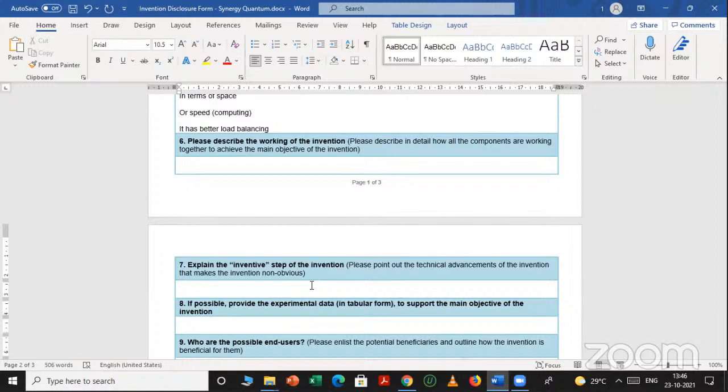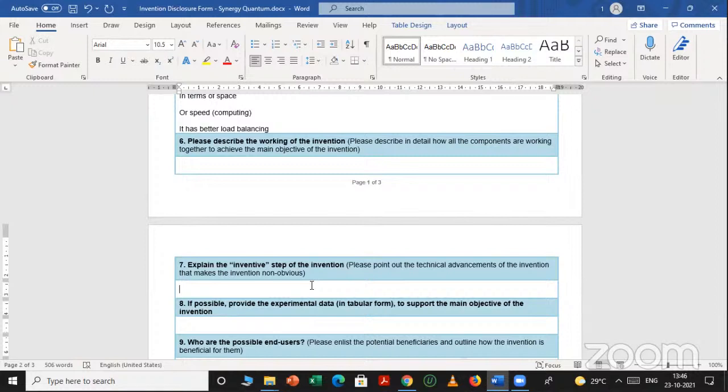Now, the cart is an invention, which has three wheels. Suppose somebody uses a fourth wheel, and now they call it another type of cart. Now they are saying that okay, it is a much advanced version than the three-wheel cart. So here the four-wheel cart is an obvious invention.